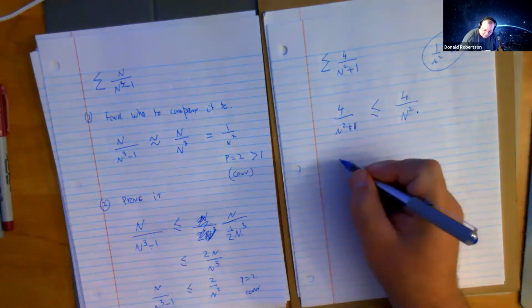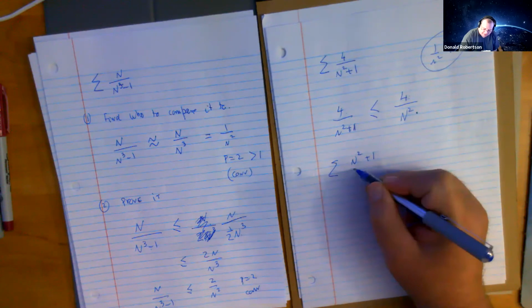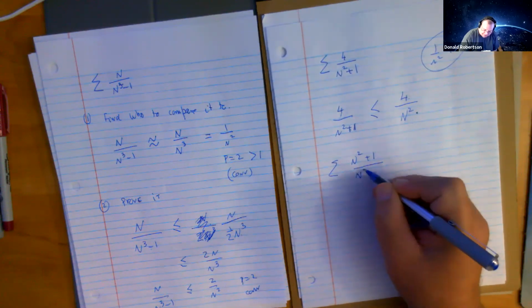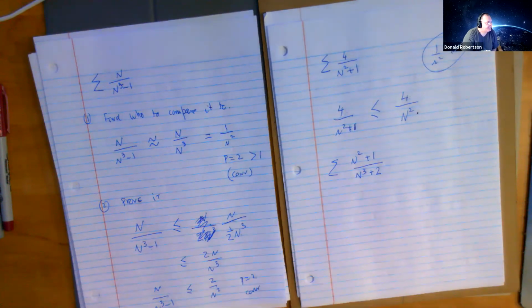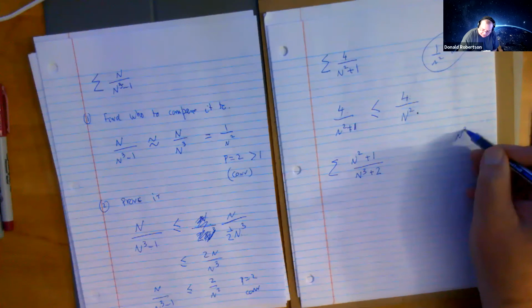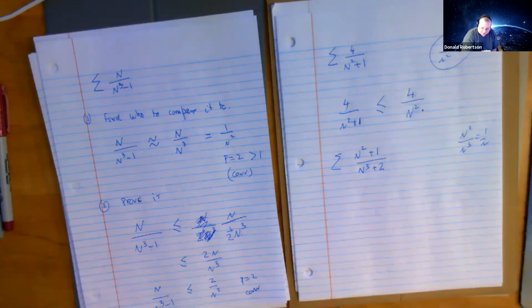How about this fella? N squared plus 1 over n cubed plus 2. If you want to get an idea of what this guy behaves like, don't you basically just look at the biggest powers of n?